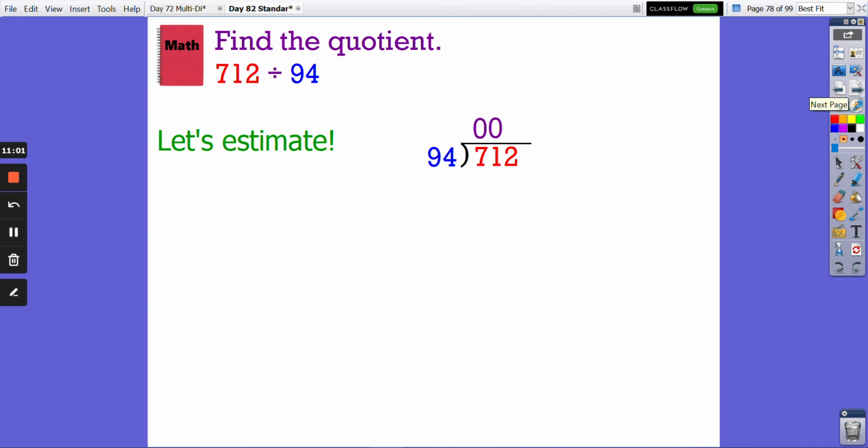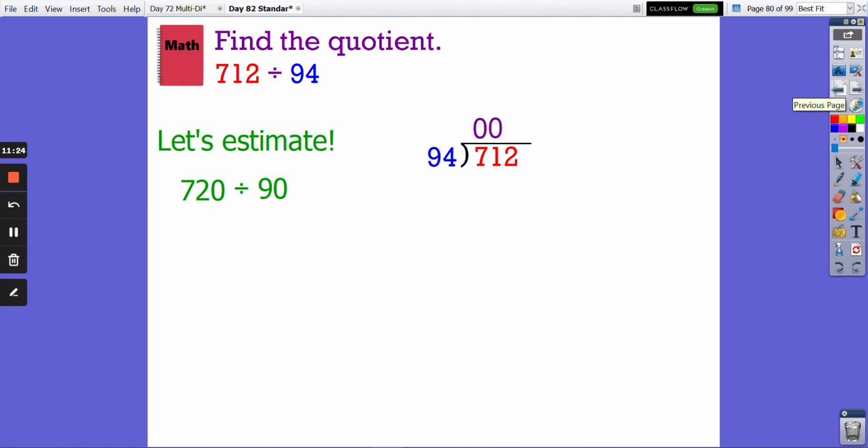Now we definitely can make groups of 94 from 712, right? So let's estimate so we don't have to start at 94 times 1. Let's estimate here. So we're going to change our divisor first, and we're going to make it 90.